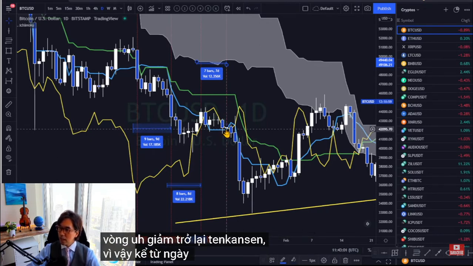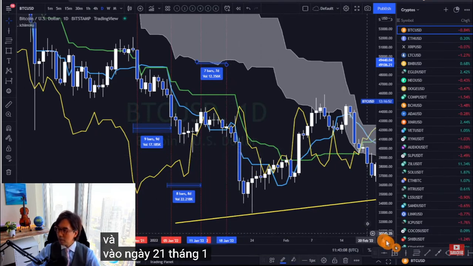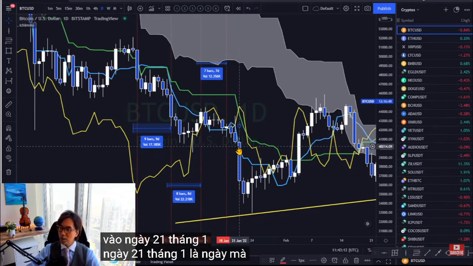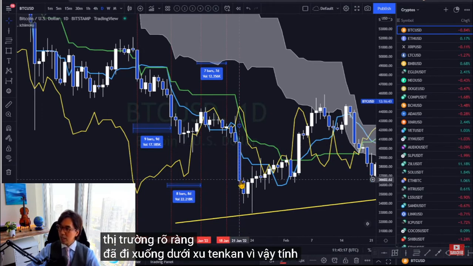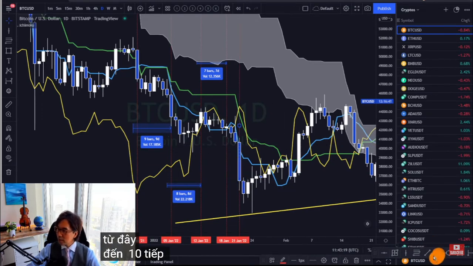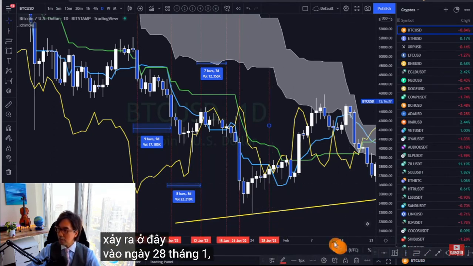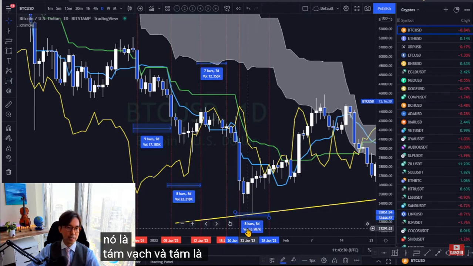Since the 18th of January, the market went backwards, bearish, and on the 21st of January was the day when the market clearly went below the Tenkan-sen. Counting from here to the next Tenkan-sen touch, which happened here on the 28th of January, it was 8 bars, and 8 versus Kihon Suchi 9 is very close again.